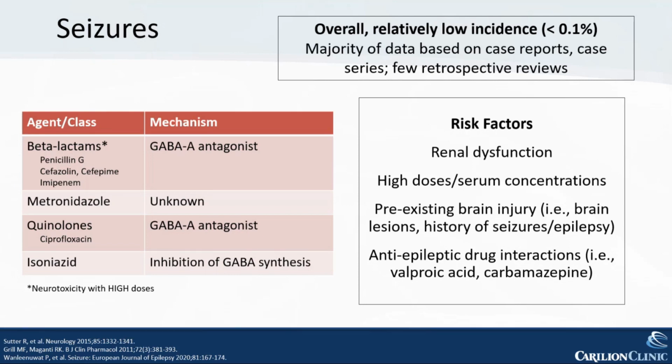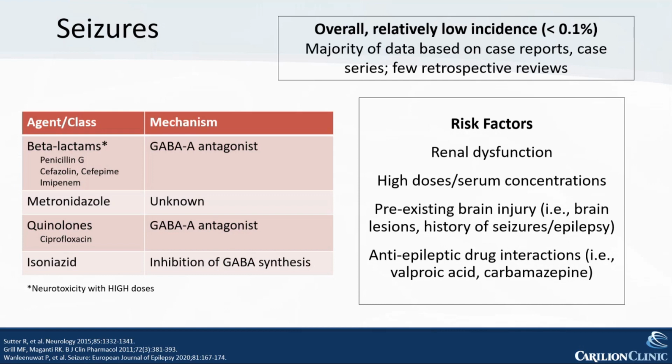Penicillin has classically been associated with seizures. However, most infectious disease specialists will tell you that they've never actually seen a seizure associated with a beta-lactam, particularly penicillin. We need really high doses of the medications and ideally something that's also lowering the seizure threshold before we can associate a seizure with a beta-lactam.